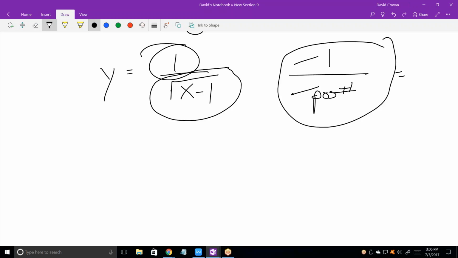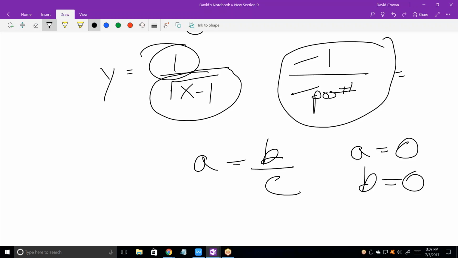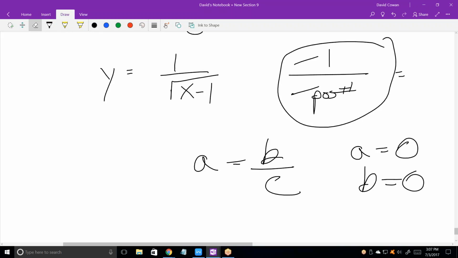If the numerator is not 0, then y isn't 0. If I have a equals b over c, and a equals 0, there's only one possibility: b has to be 0. Doesn't matter what c is. Okay, so far so good.